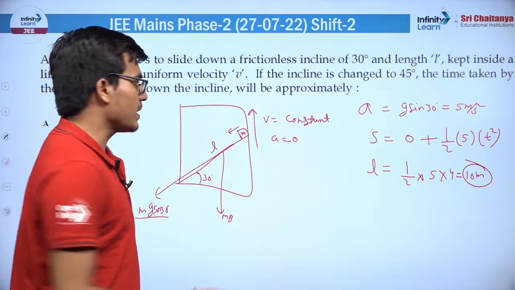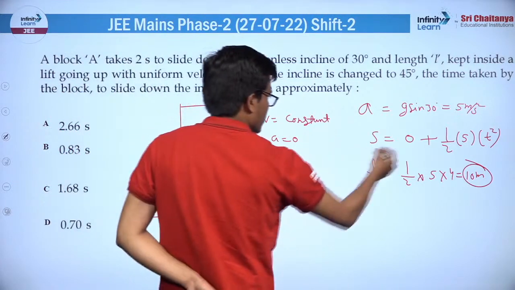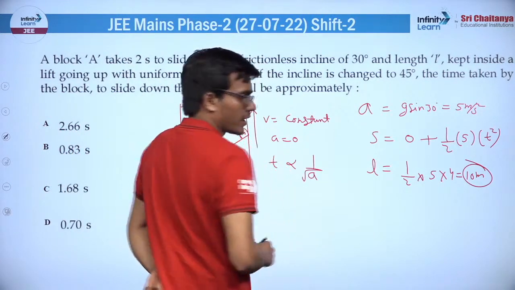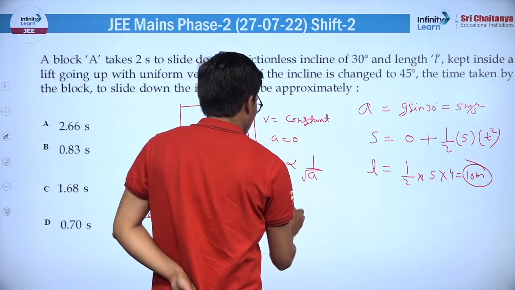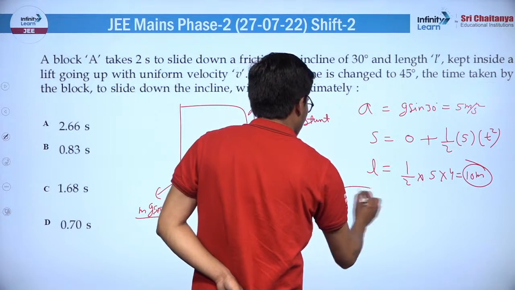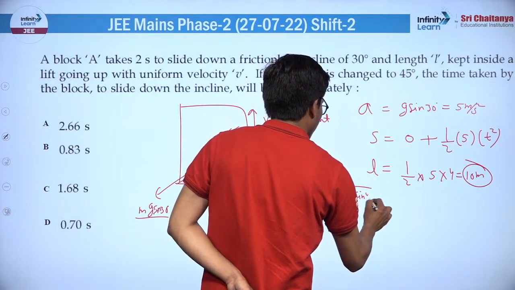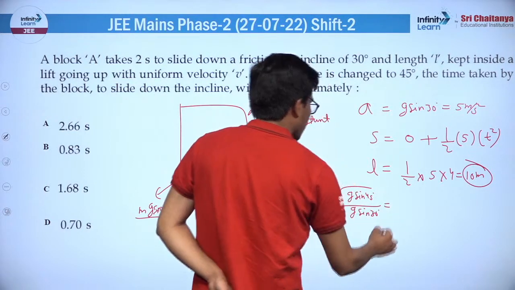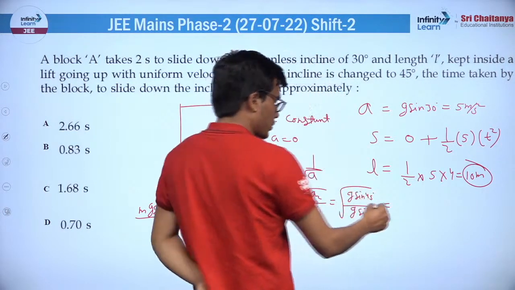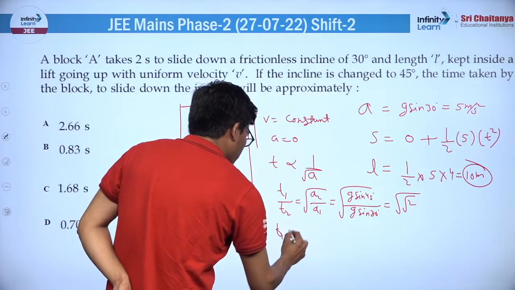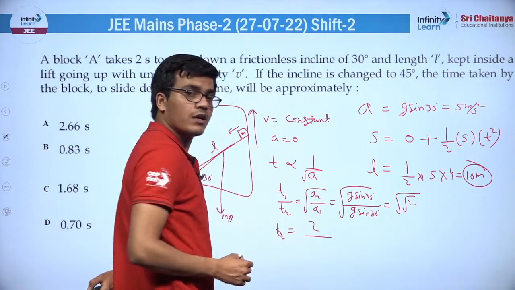Now in the second case you want to change this acceleration. You can see from here that time is inversely proportional to root a. So t1 upon t2 is equal to root of a2 by a1. The final acceleration will be g sin 45 and the initial acceleration is g sin 30 degrees. So it is 1 by root 2 over 1 by 2, so it will be root of root 2, and t2 I need to find, t1 is given to me as 2 seconds.